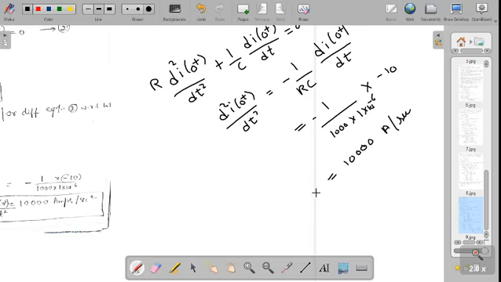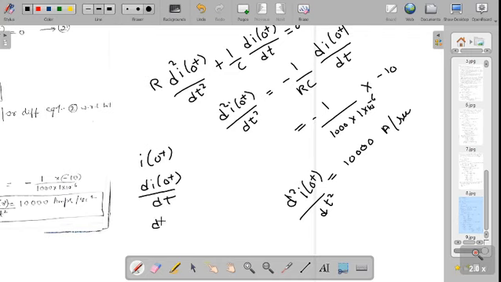So this is the value for d square I of 0 plus divided by dt square. Okay, so I found out I of 0 plus. Next, the first derivative of this current and the second derivative of this current. Okay, so this is how I will be solving the second derivative. Just apply the derivative for the first derivative, that gives you the second derivative.